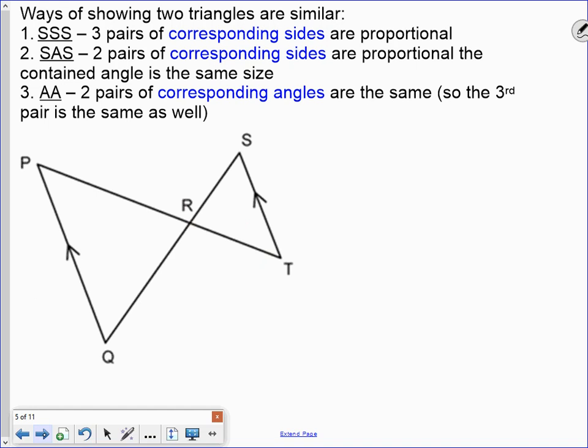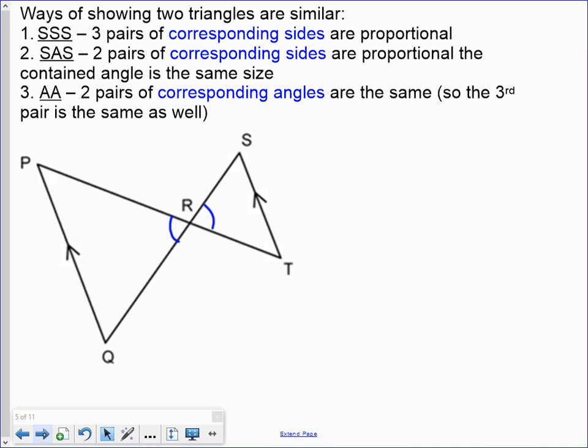Let's take a look at another example here. We've got triangle PQR and RST. We aren't given the lengths of any sides or any angles in these two triangles, but we can use our angle properties to figure out what's going on. We know that this angle here and this angle here are going to be the same because they are opposite angles.